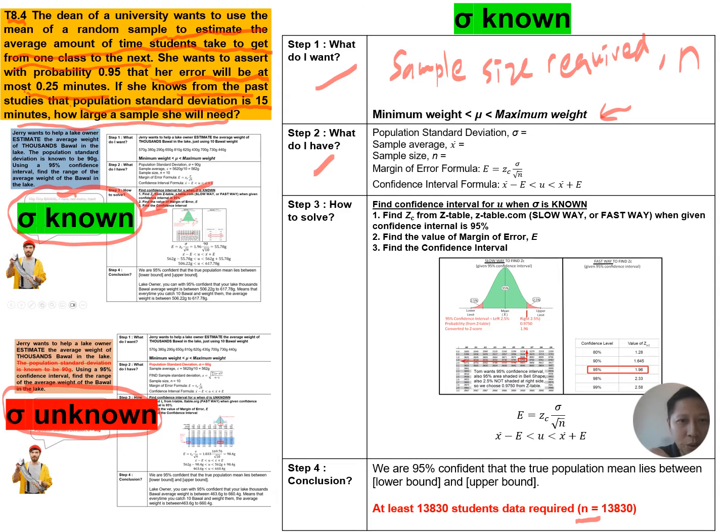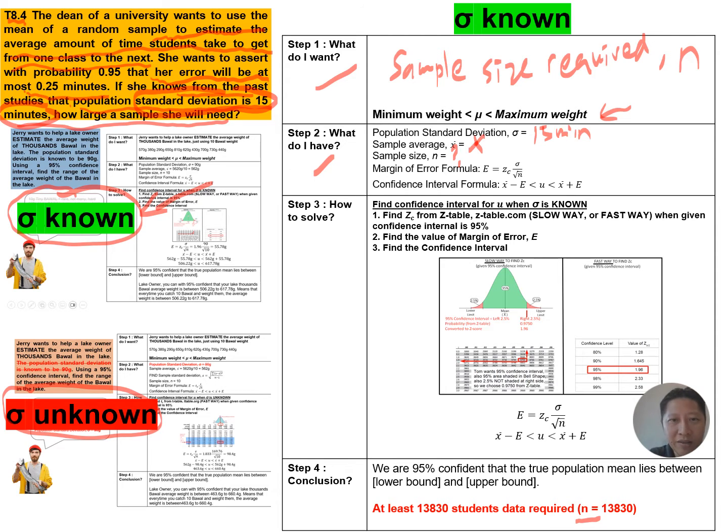Step number 2: what do we have? Let's check the first item. The sigma we are given, 15 minutes. The sample average we don't have. The sample size is what we want to find later on.